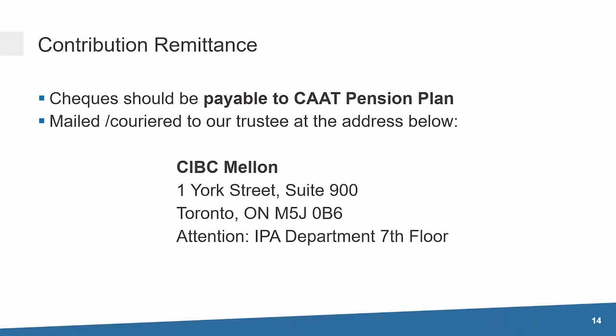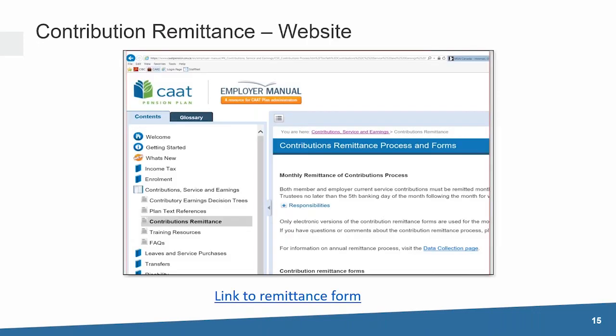It is located within the contribution remittance subsection of the contributions, service, and earnings section of the manual. Here you can see where the contribution remittance process information is located on our website within the employer manual.